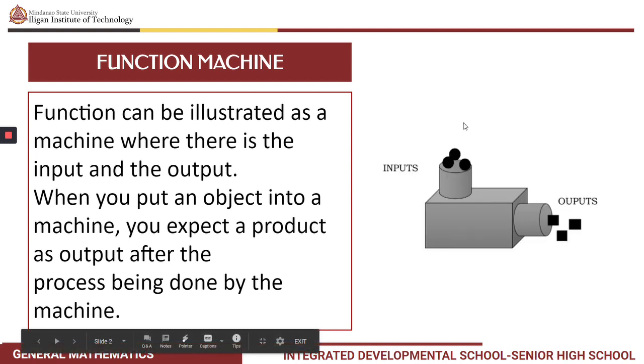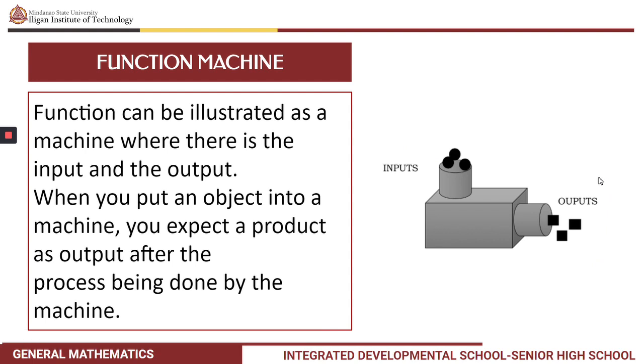Basically, this definition of function machine is just the definition also of our function itself, no? I have discussed that in function, we can call a relation a function if and only if one input can only generate one output, not two or more.